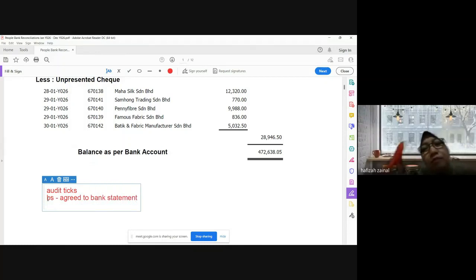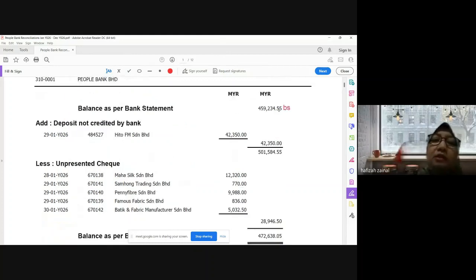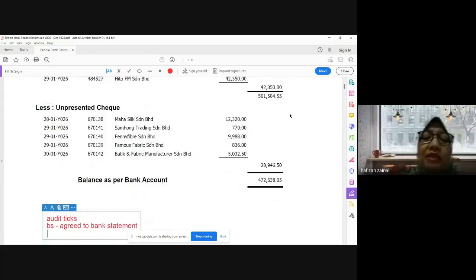We agreed the balance as per bank statement; it is already checked and tallied to the bank statement. That's the first one. The second one, we check here, the balance as per bank account.